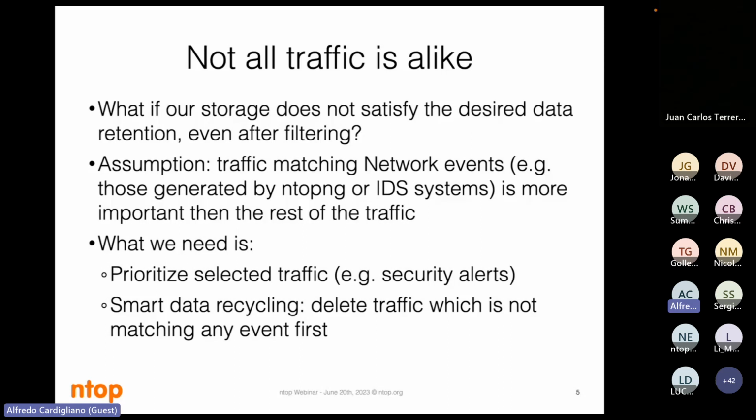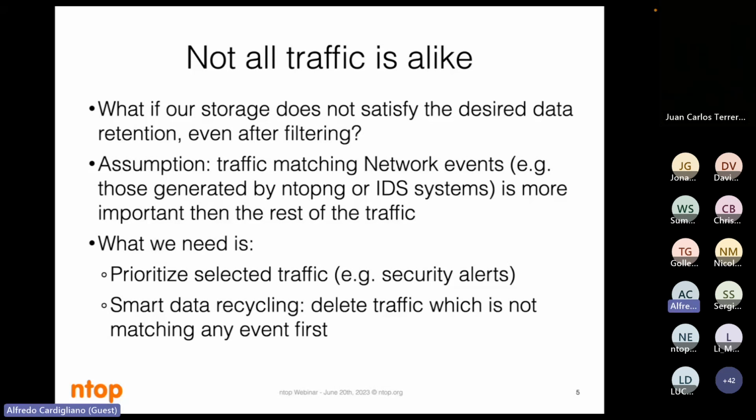For instance, there is traffic which is matching network events. We have seen that ntop has behavioral checks to detect if a node is misbehaving, for instance. And there is the rest of the traffic that is probably less important than the one matching network events. So what we need is to prioritize the traffic which is matching network events, alerts, for instance.